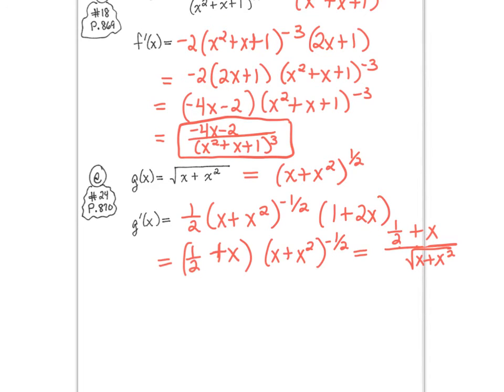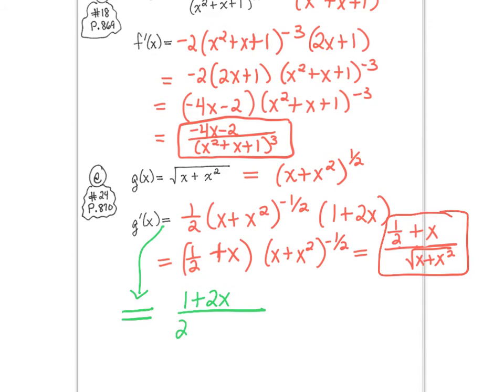I'm going to give you an alternate step. This is okay, that's sufficient, but you also need to be able to identify it as the following. From your first step, you could just rewrite this as 1 plus 2x over 2, that's coming from the 1/2, times the quantity, the square root of x plus x squared.